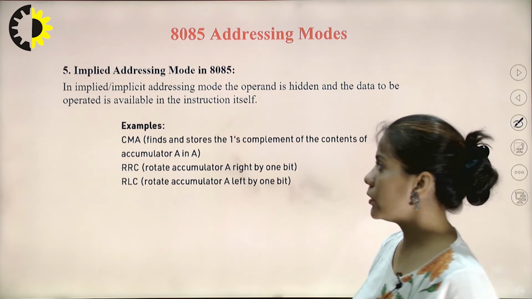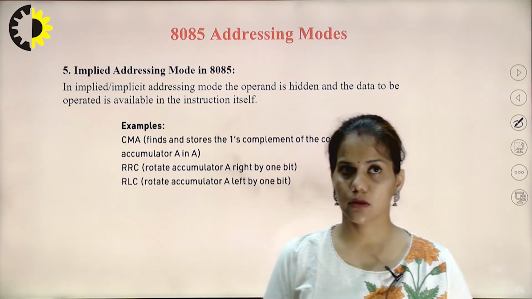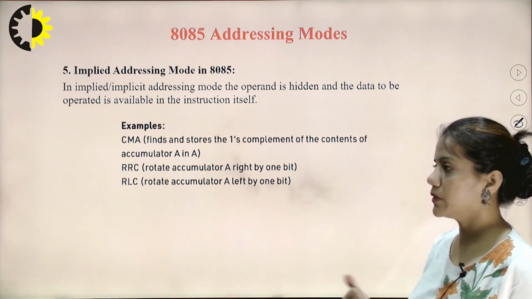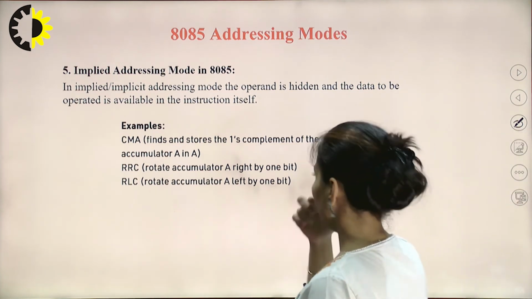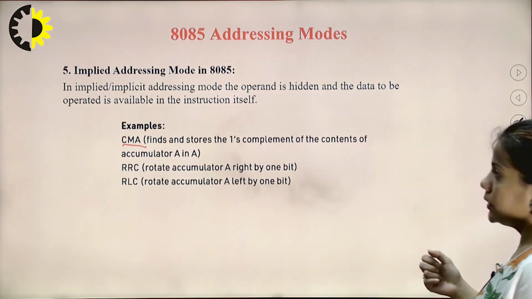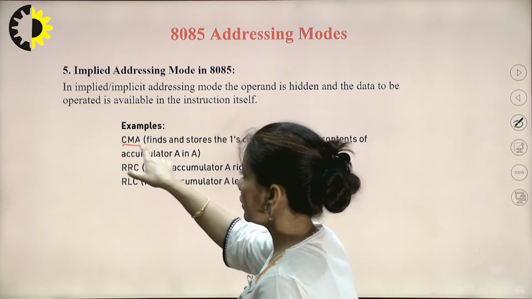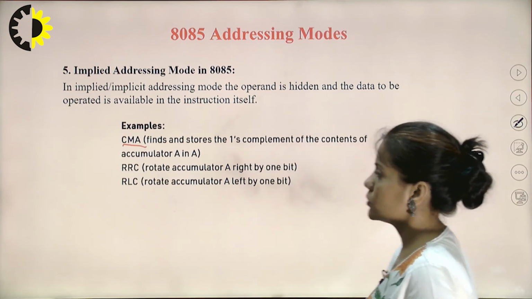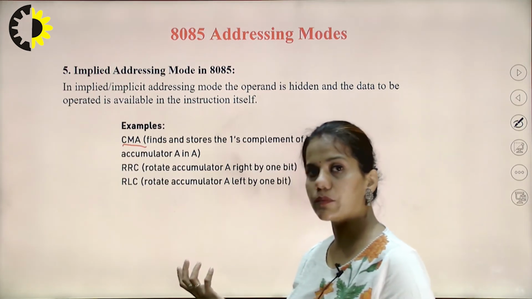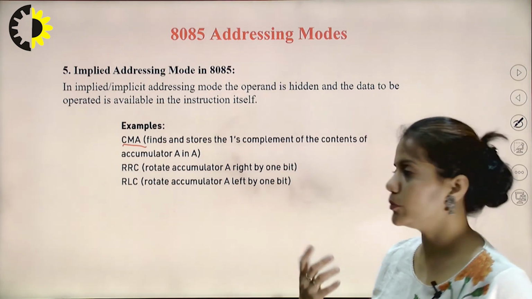Implied addressing mode. Here no operand is mentioned in the instruction, and that's why it is known as the implicit or implied addressing mode. Example, CMA. CMA will complement the contents of the accumulator. By itself it is very clear from the instruction that the contents of the accumulator have to be complemented.